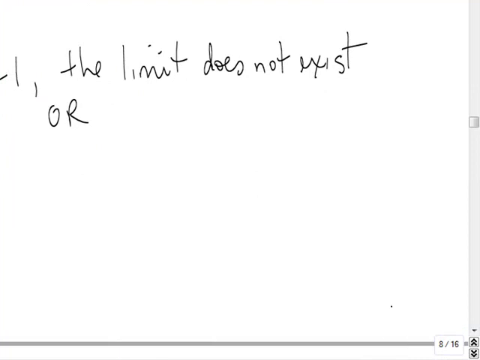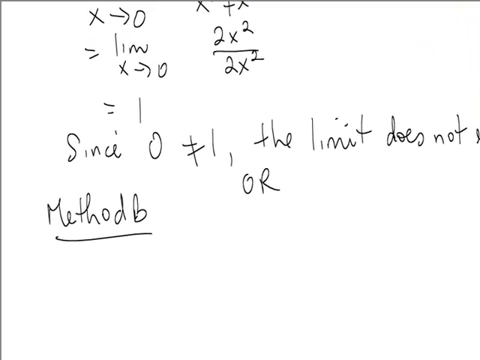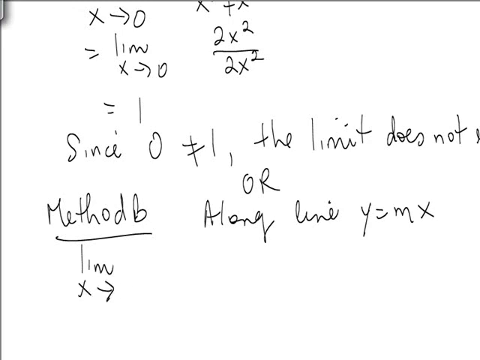Instead of y equals x, go along the line y equals mx. In place of y, substitute mx, because the line y equals mx passes through the origin for any value of m. So it's going to be the limit as x approaches 0.